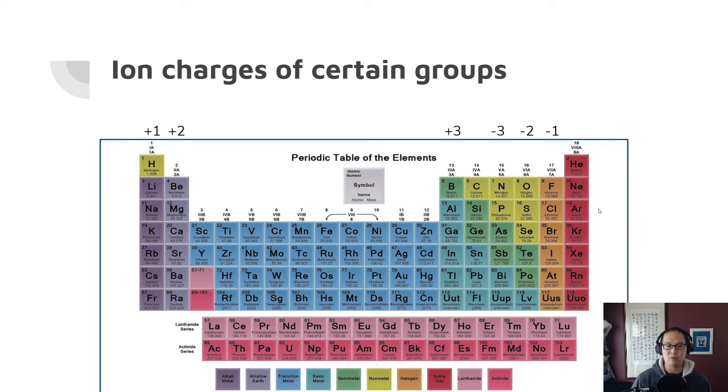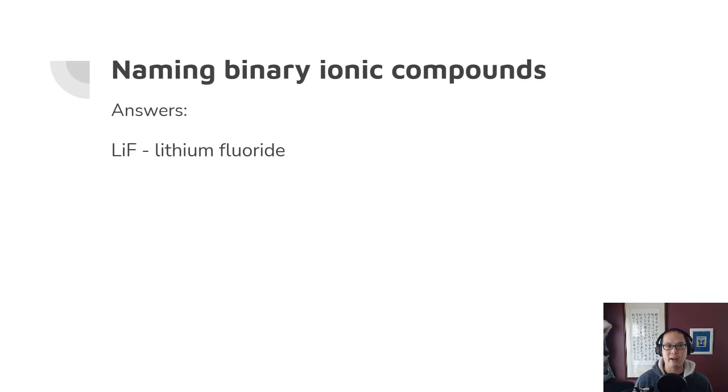To the right of the staircase is your nonmetals, and everything to the left are your metals. So if you have one of each, you're going to have what's called a binary ionic compound.